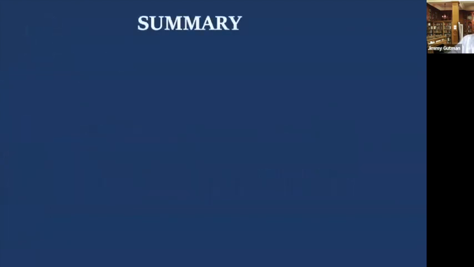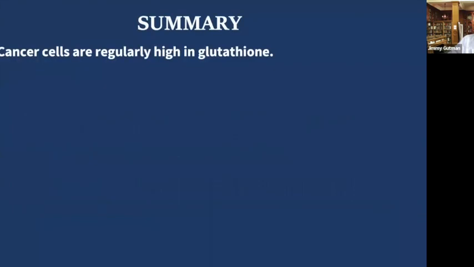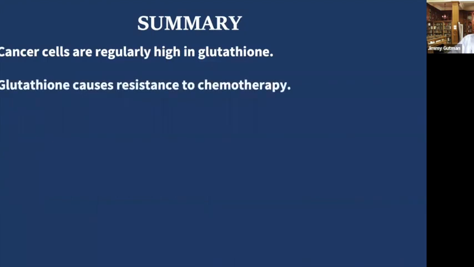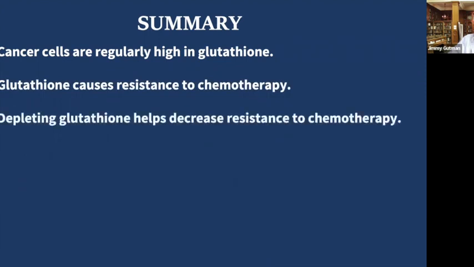So let's summarize. Cancer cells are often found to be high in glutathione. This high glutathione can cause resistance to chemotherapy, yes, but when you grow these cancer cells outside of the body, then lower glutathione levels, this makes them more susceptible to being damaged or killed by chemo and radiotherapy.